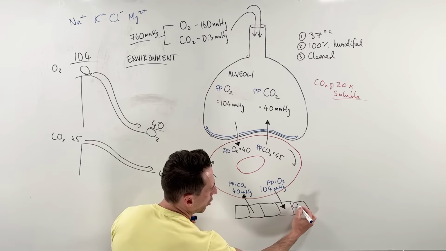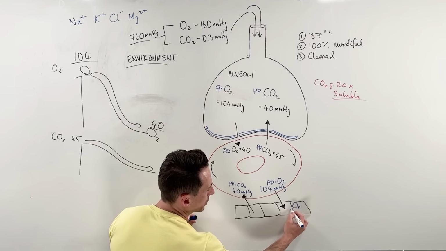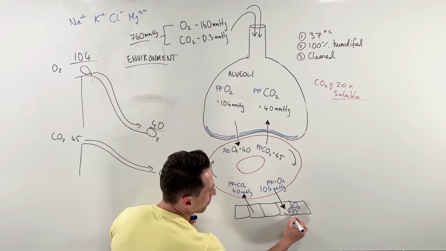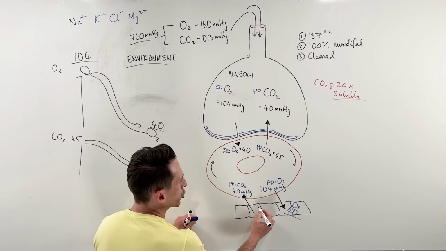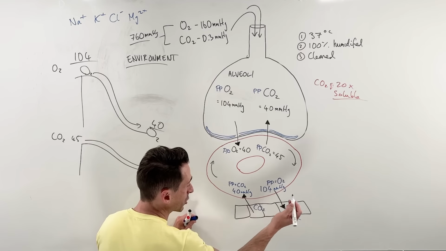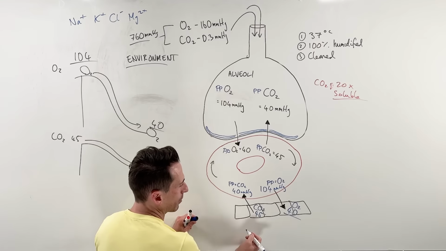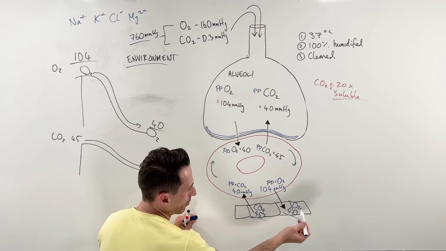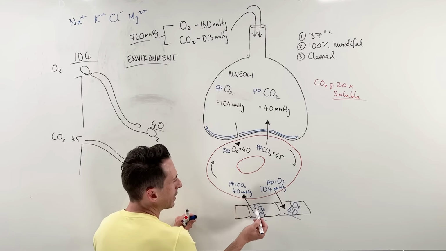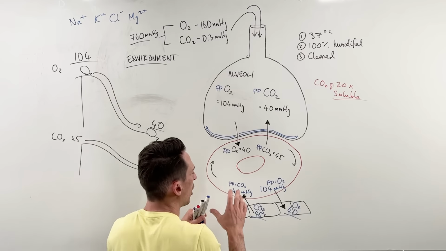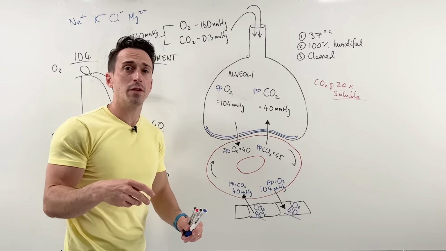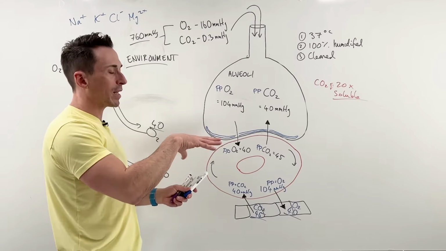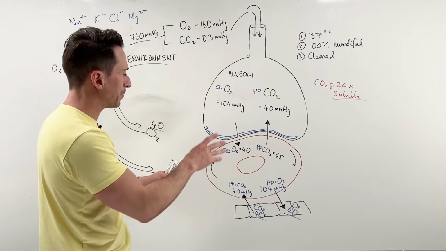The partial pressure of oxygen in the tissues is around about 40 millimeters of mercury. The partial pressure of carbon dioxide in the tissues is higher because they're producing carbon dioxide and it's 45. So it's going down from here to here, perfect. And it's going down from here to here, perfect. All of this has to do with an application of Henry's law, right? Going down its own partial pressure gradient.